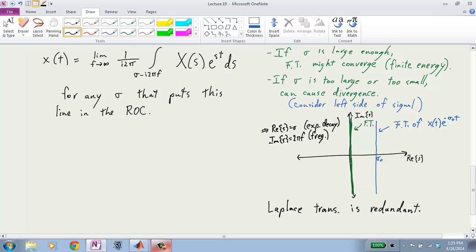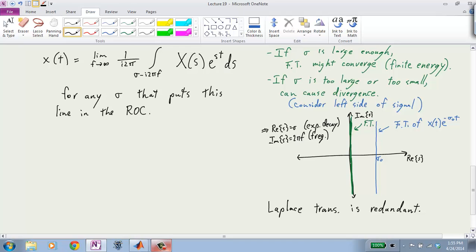If we transform it, we just need to keep enough information to be able to transform it back. So why would I say this is redundant? Yeah, exactly, because any one of these lines in the region of convergence is enough to get the x of t back.